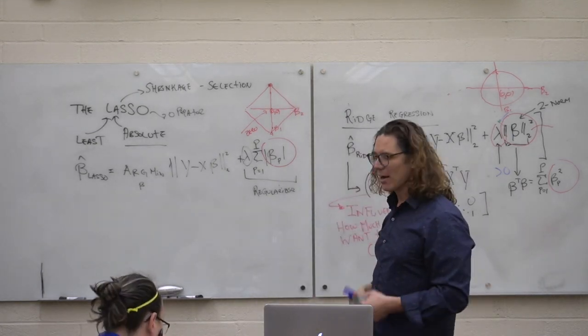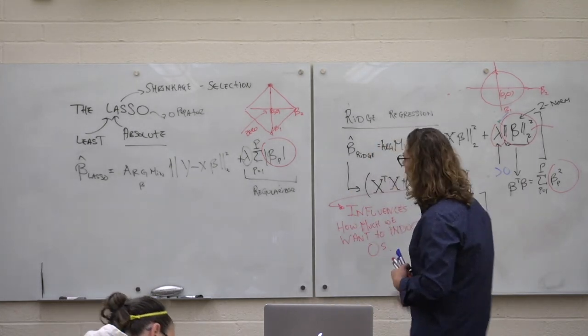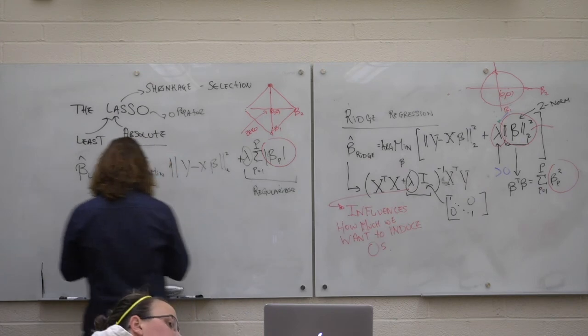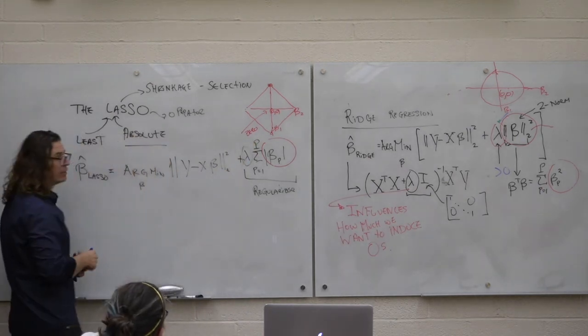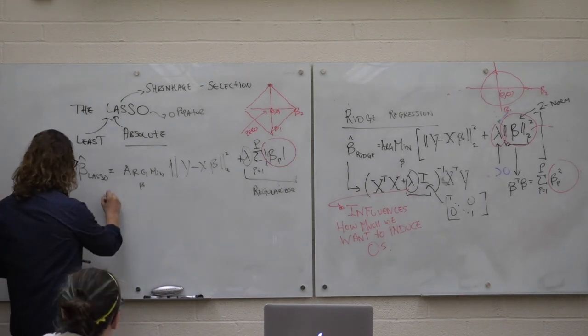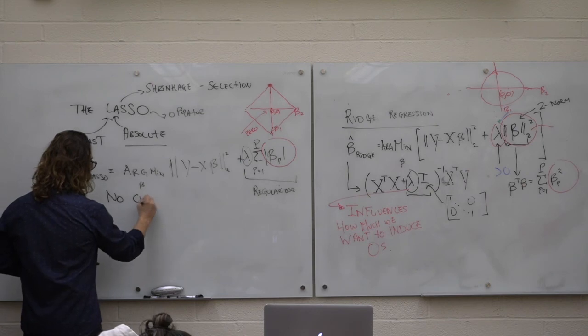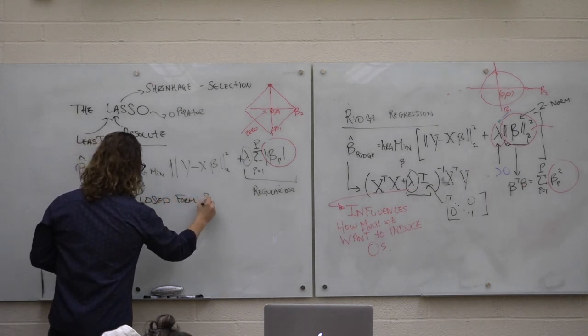I'll say not a lot about that since this isn't a full-blown optimization class. The unfortunate part of this solution, although the fortunate part is you get absolute zeros, is that there's no closed form solution.